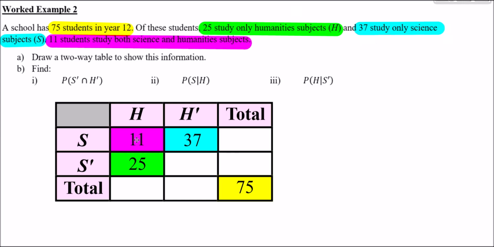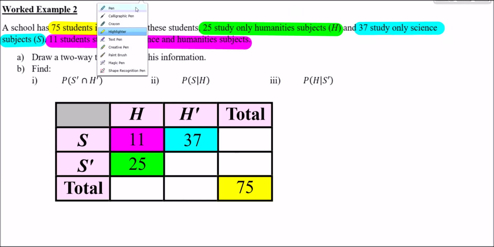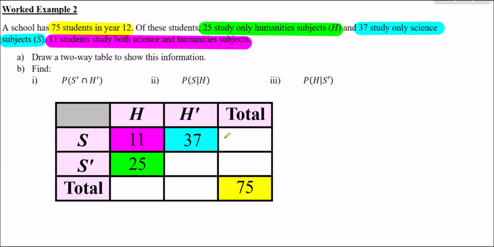From that, the rest of the table can be worked out. So we can do 11 plus 37 to get the total science students, which must be 48. Whoops, that's the wrong colour. That's better. 11 plus 25, that's 36. We can now work out a few different things. What I'm going to do here is work out the number of students that do not study science by doing 75 take away 48.